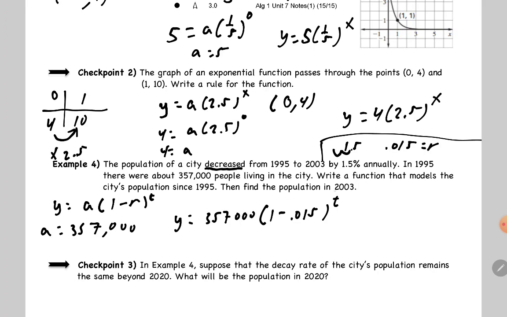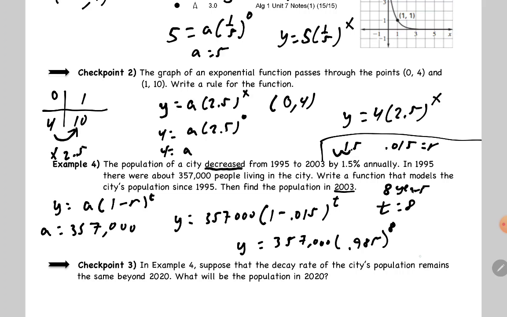Now they want to find the population in 2003. So how many years was it? From 1995 to 2003, that would be 8 years. So t is 8. So we plug in everything we know. y equals 357,000 times 0.985, that's 1 minus 0.015, to the 8.